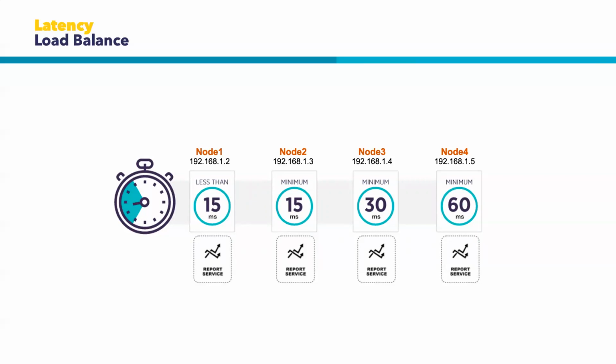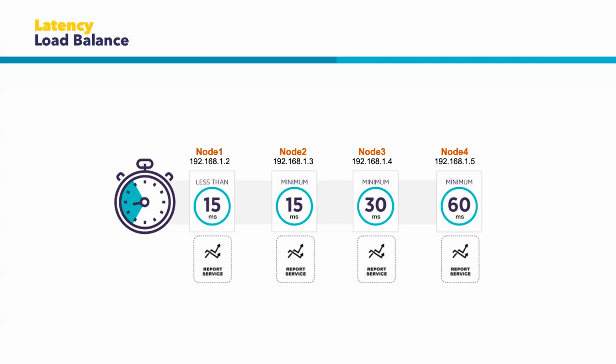So for example, based on my location, it determines that node number 1 has 15 milliseconds, then I will be redirected to that server. That's what we call intelligent, because it is based on metrics. So if another user connects to the 60 milliseconds, then that's actually not good for me, because that's a very high ping time. So the idea of a latency-based load balancing is, give me the fastest server that I can connect.